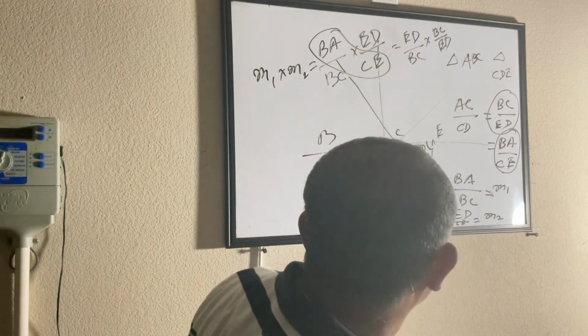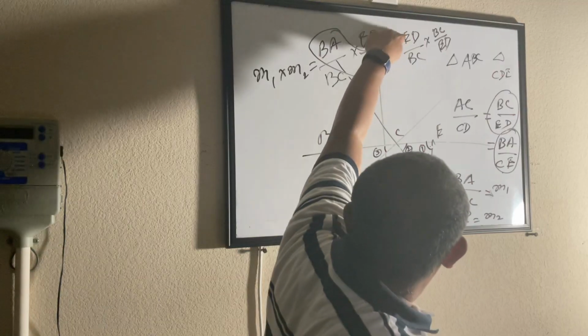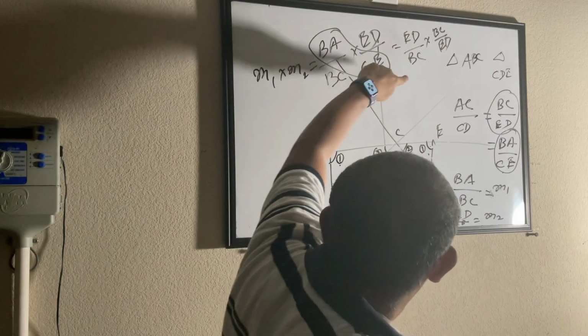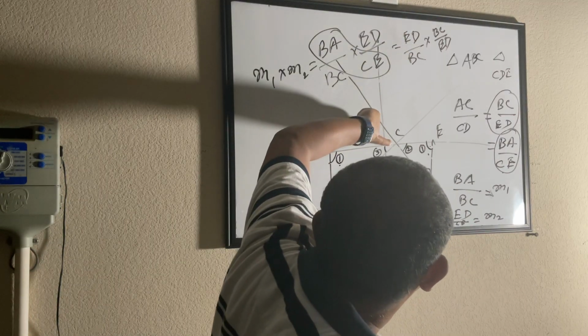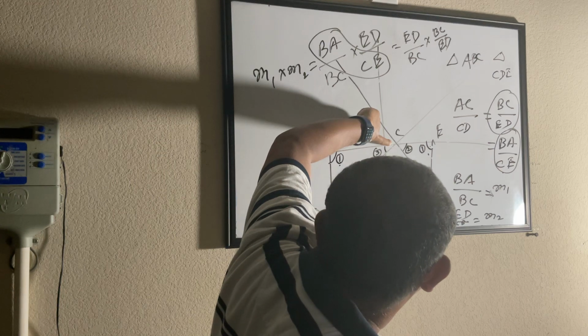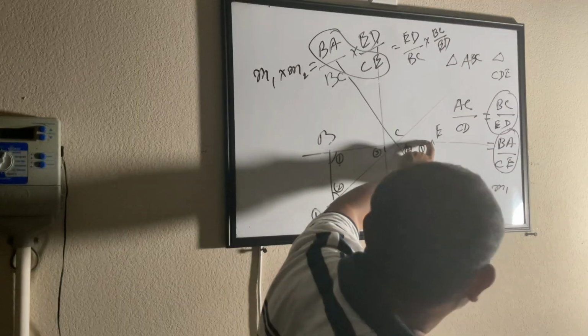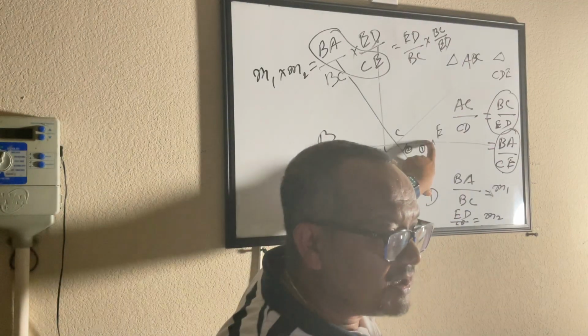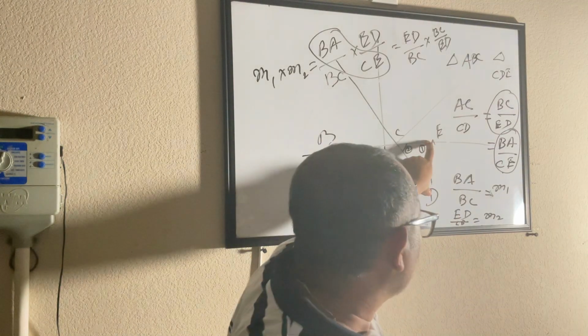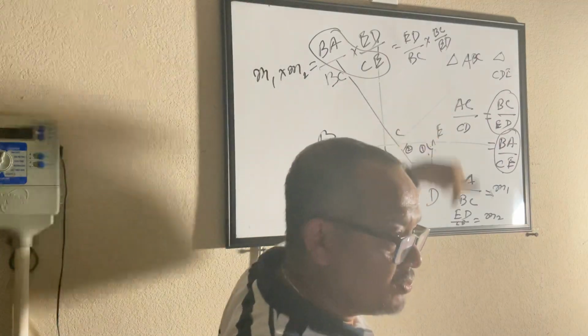Now look at this. If you look at ED, sorry, BC. ED is what? It's going in the negative direction. Your Y here is going down.